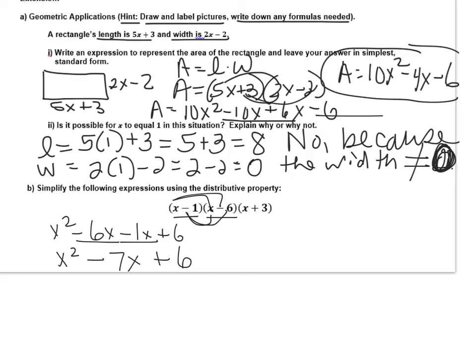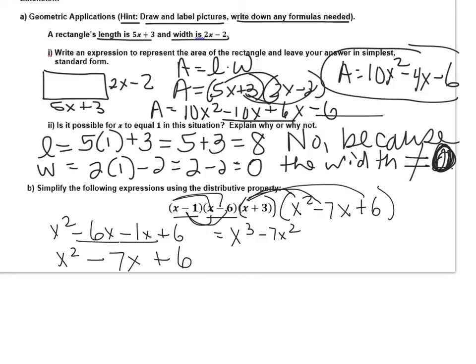Well, now we have to multiply that by the binomial we still have left. We're actually multiplying a binomial by a trinomial this time, but the process is the same. We're going to distribute the x through first. X times x squared gives you x to the third. X times negative 7x gives you negative 7x squared.